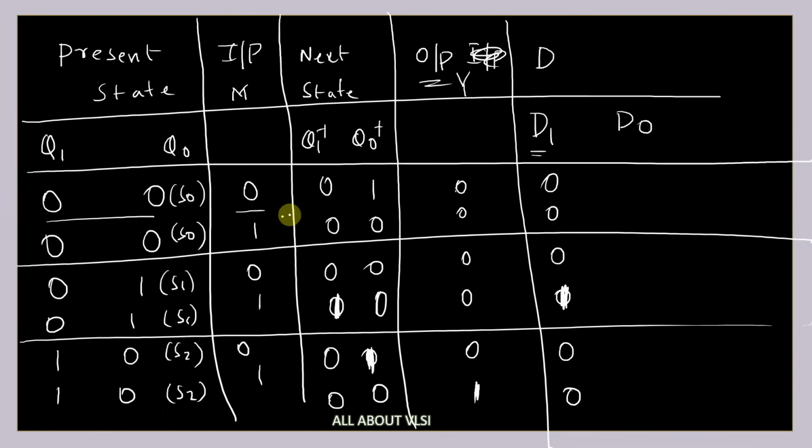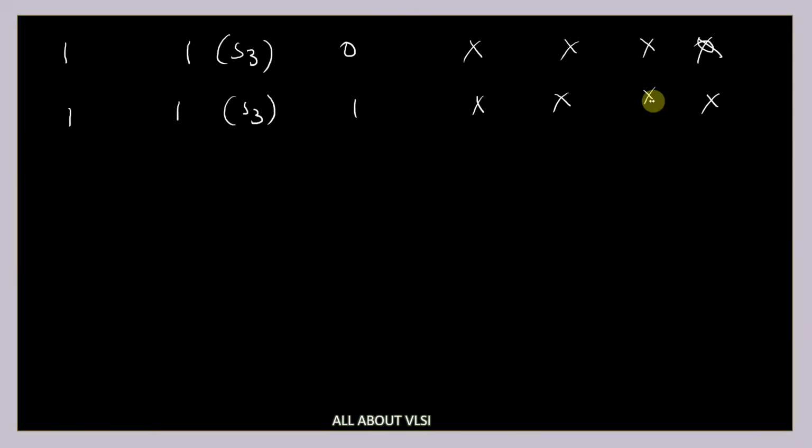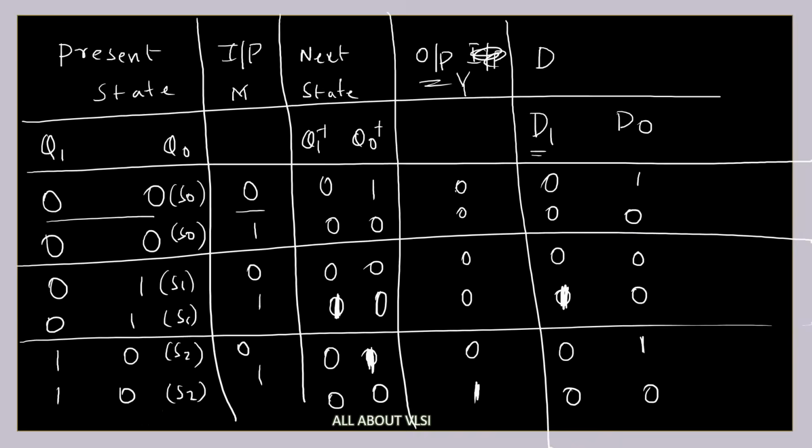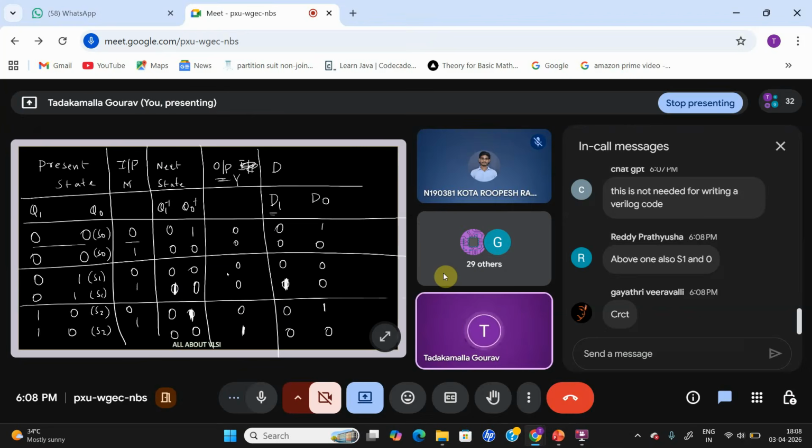And this is X X. Now over here, I'm just going to copy them: 1 0 0 0 1 0 and X and X. That's it. So this is how I'm going to fill my transition table, right?